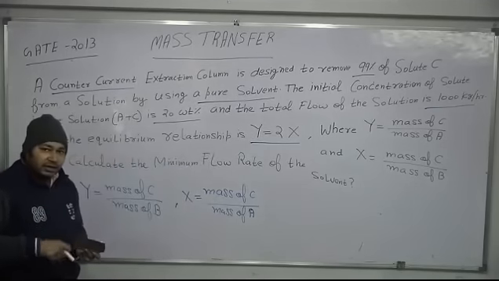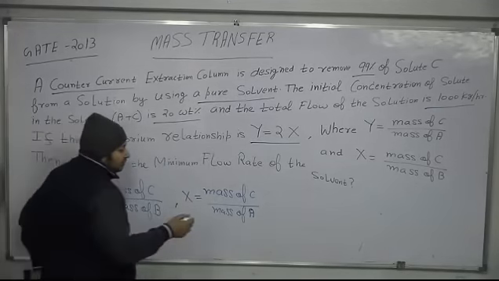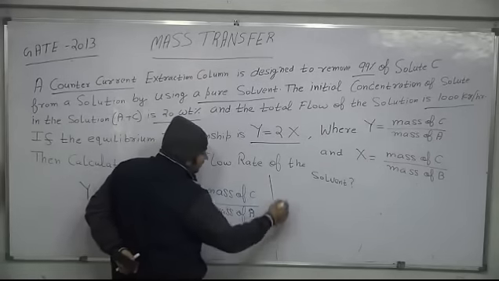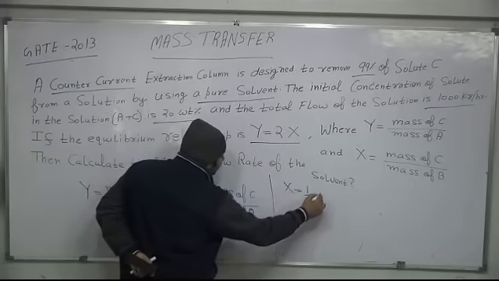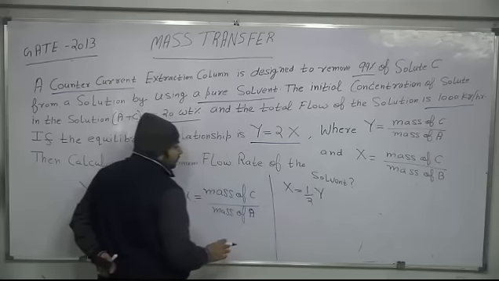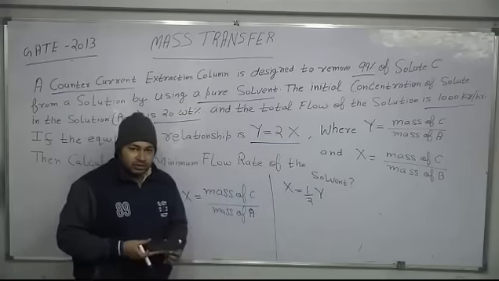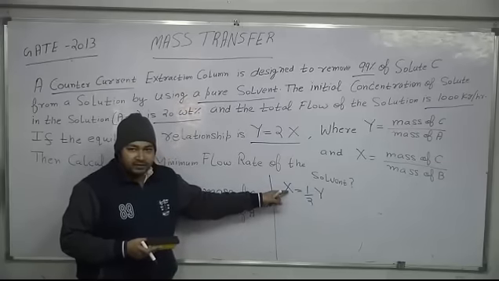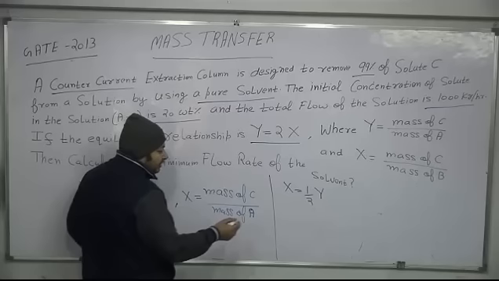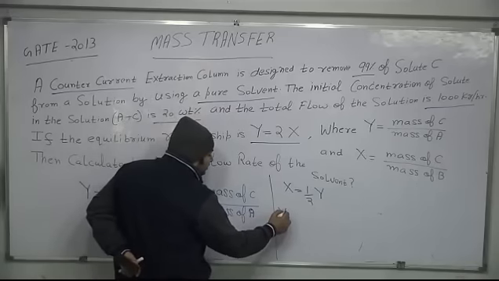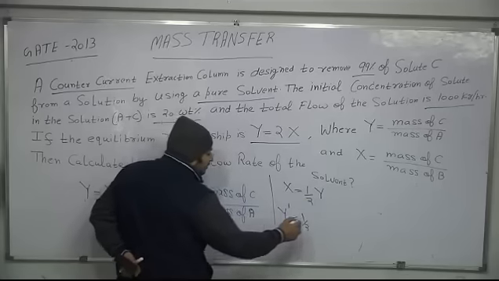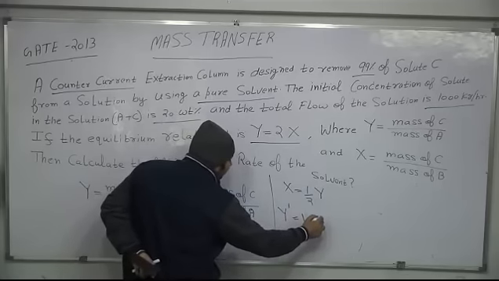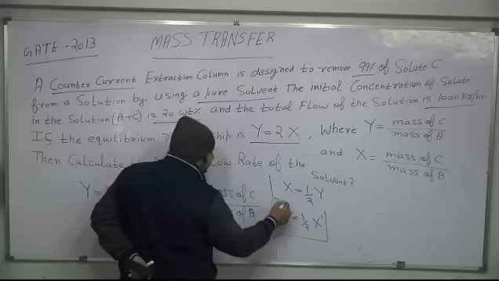So when we read the equilibrium relationship, it will look like x equals half y. This x for us is nothing but y. Let us denote it by y dash, and this y will act as x. Let us denote it by x dash.